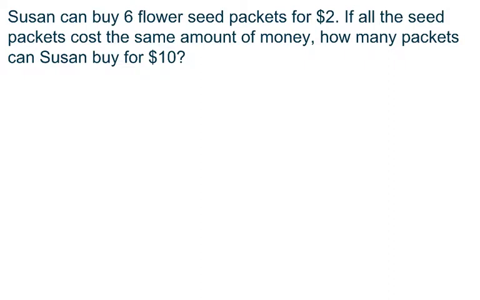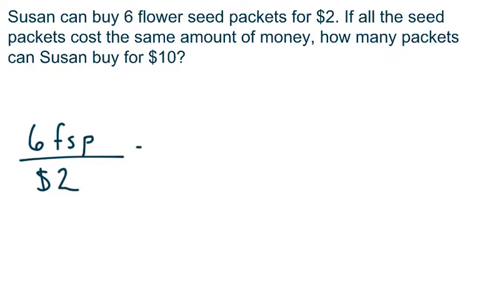Now, there's another way that I can solve this problem. I can also use unit rates, just like in the first problem. So I know that she can buy 6 flower seed packets for $2, so that's my rate. 6, I'm going to write FSP for flower seed packets because I'm kind of lazy.